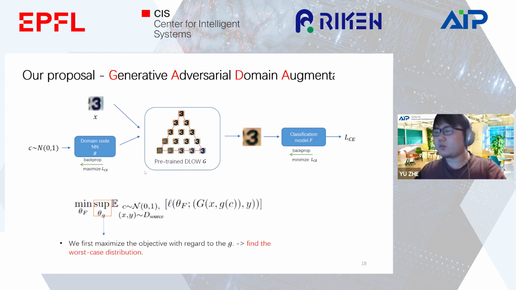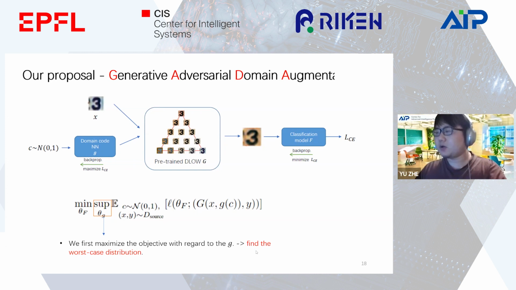And our main objective function is shown in the following. Basically, we want to solve the following min-max optimization problem. To solve it, we alternately do the inner maximization and outer minimization. We first maximize the objective with regard to small g.